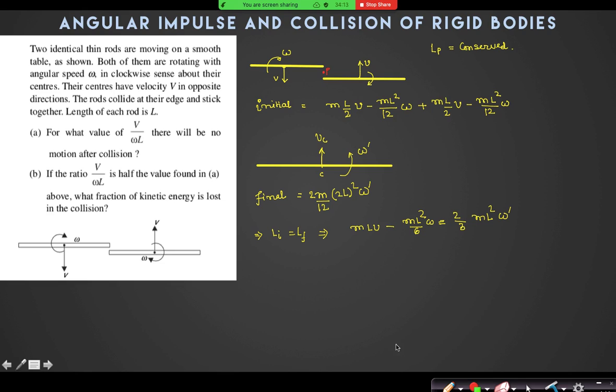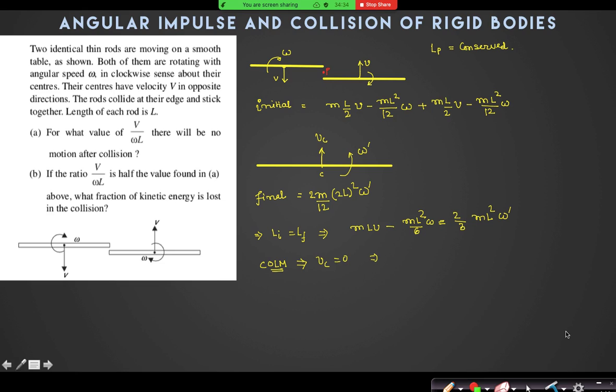And if I conserve the linear momentum, can I directly find that the value of Vc is 0? Conservation of linear momentum gives Vc equal to 0, because initially the momentum was minus mv plus mv. So Vc is 0.